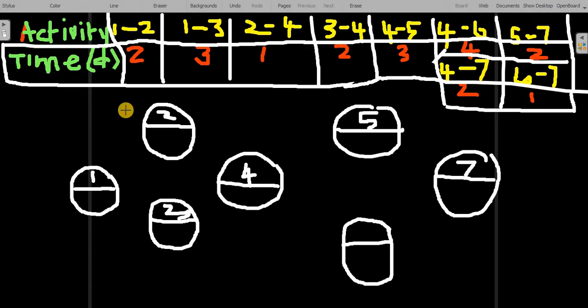Now I am joining according to the data given to us.